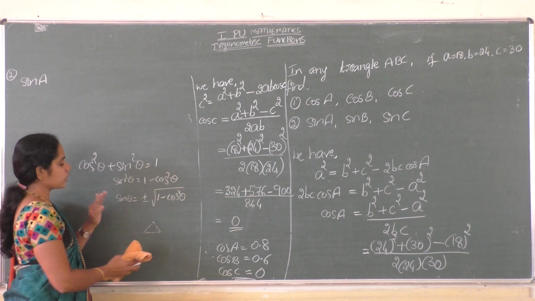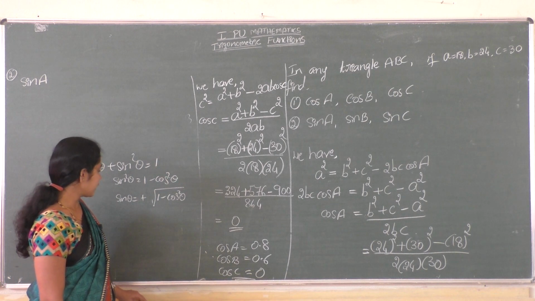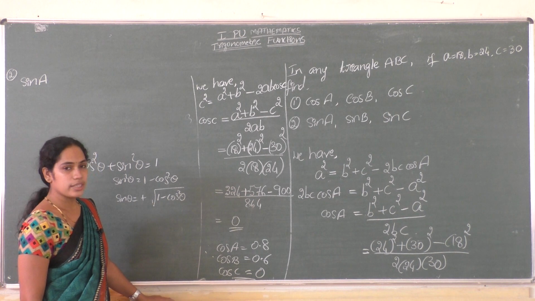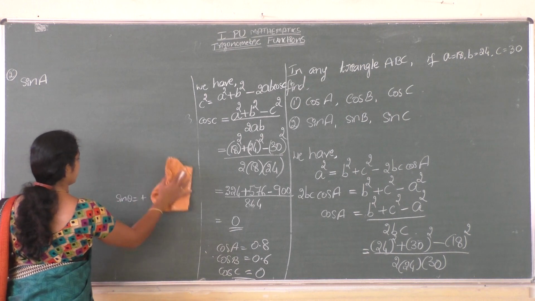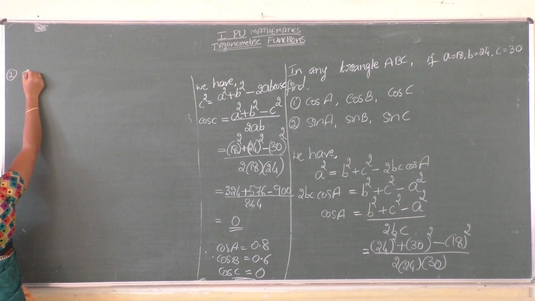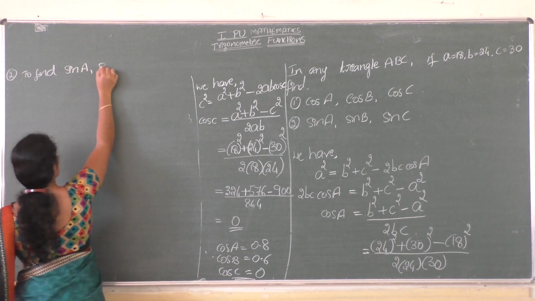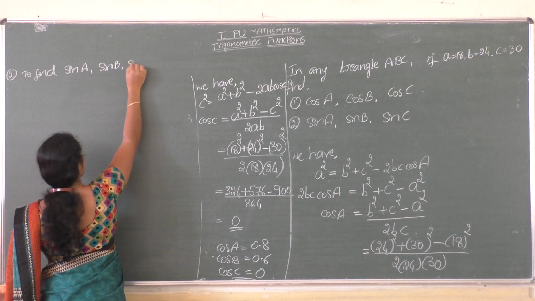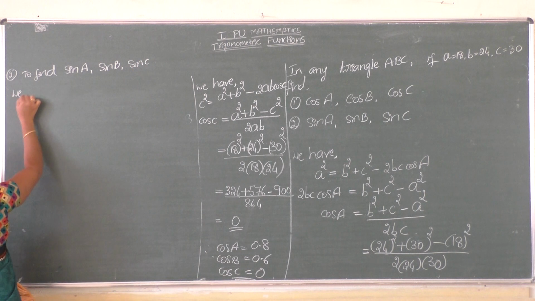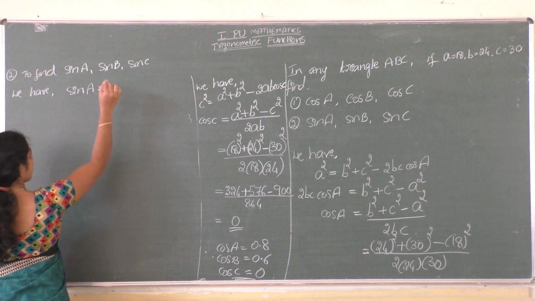So we can use this formula with only the positive sign: sin theta is equal to root of 1 minus cos square theta. Let us apply it here to find sin A, sin B and sin C.